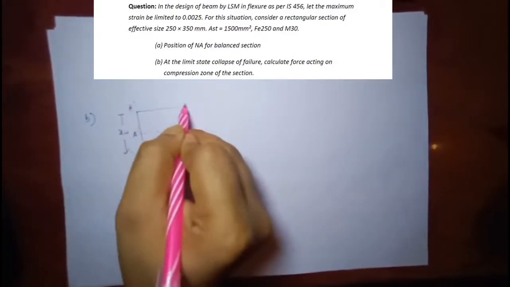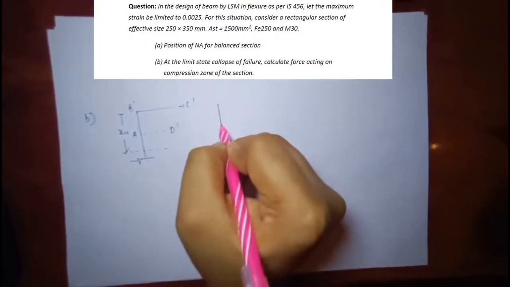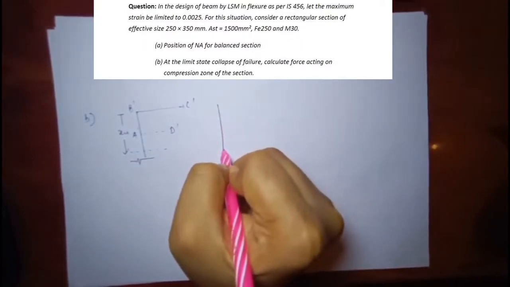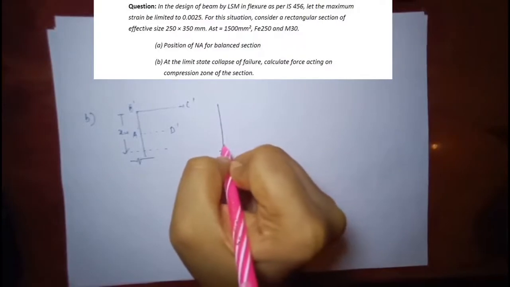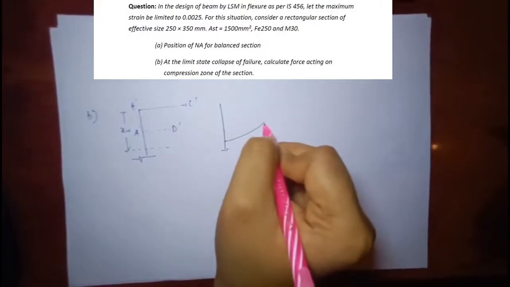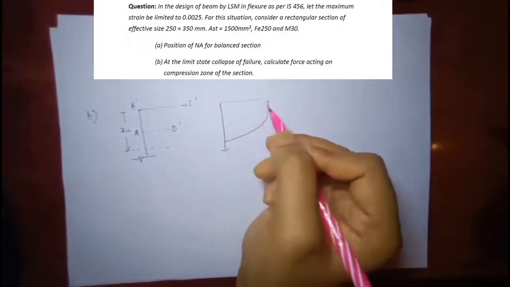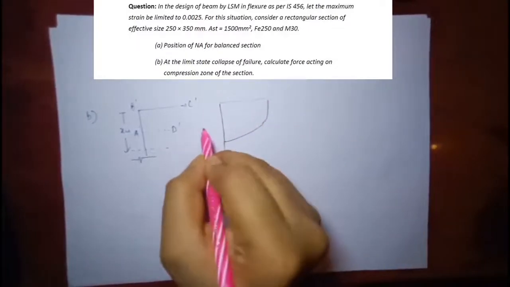and this is b dash c dash, suppose. Let's make the stress block diagram now over here. It will start from the neutral axis, go like this up to this much, then flatten to become linear. This is our stress block diagram.